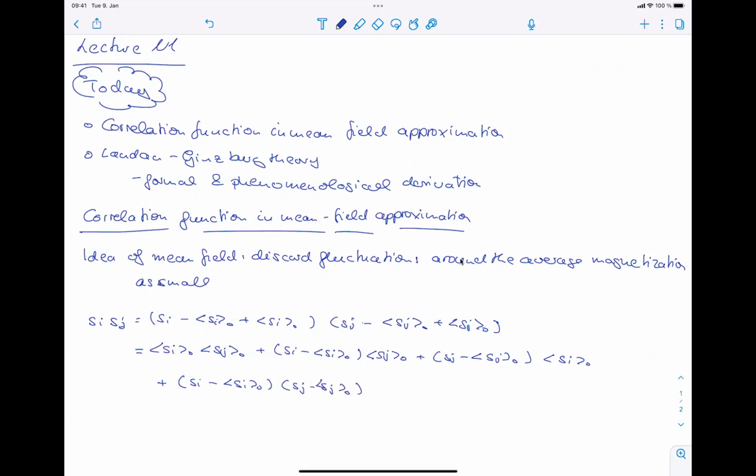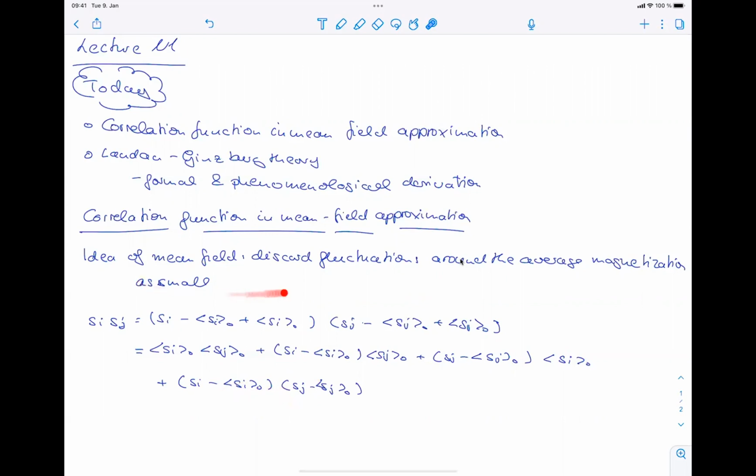Okay, so we found a way of writing a product of two values as a very long expression. Sure, I agree. But it's very meaningful because now we wrote down the product of the two spins as the product of the means and the fluctuations. Here we're looking at linear order in the fluctuations of spin i, linear order in the fluctuations of spin j, and then second order of both of the fluctuations.